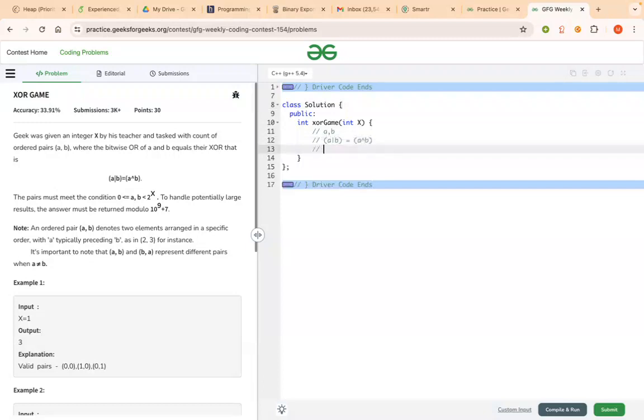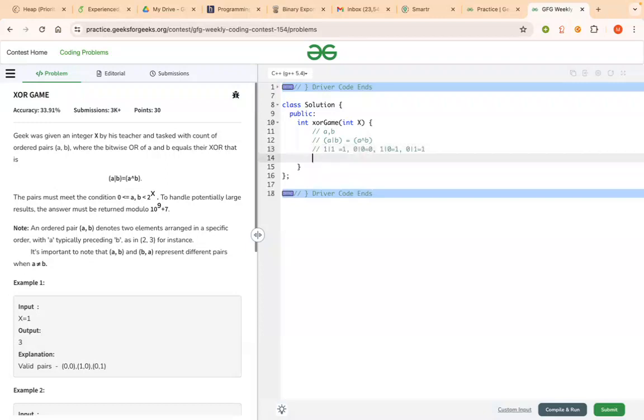What does it mean? If we carefully observe the OR operator, what does it give? 1 OR 1 is 1, 0 OR 0 is 0, and 1 OR 0 is 1, and 0 OR 1 is also 1.